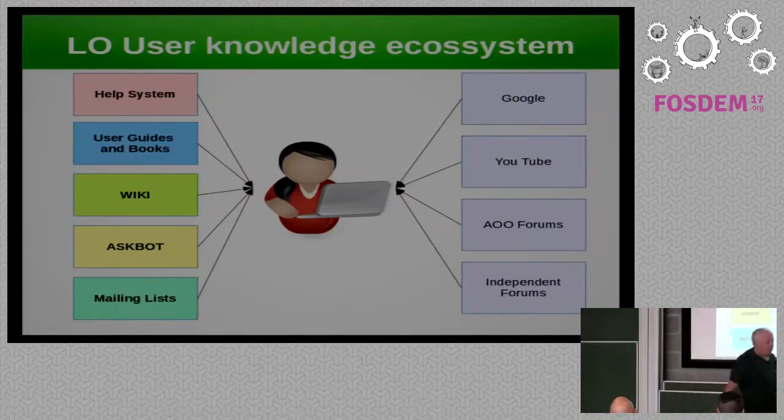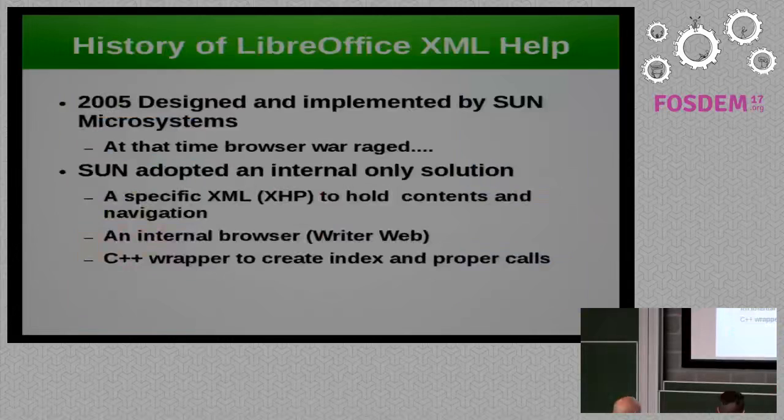So what we have at the moment is the following. The LibreOffice Help is designed in XML, and it was designed circa 2005, and at that time we had issues with browsers. The browsers were full of incompatibilities.